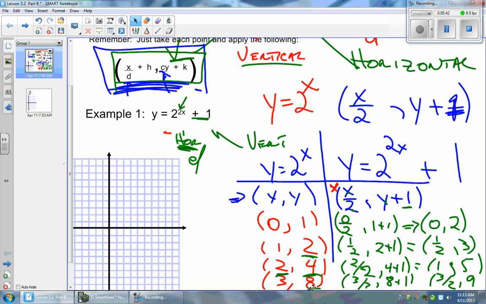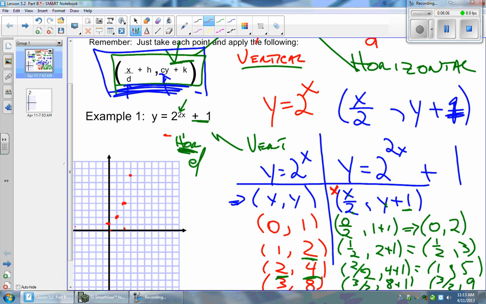And now I could just go to my graph and just plot these points and I'll get my new transformation. So let's go plot the original in red. 0, 1, there's 0, 1, 1, 2, there's my original, 2, 4, there's my original, and 3, 4, 5, 6, 7, 8. My original graph kind of looks like this, going out there like this.